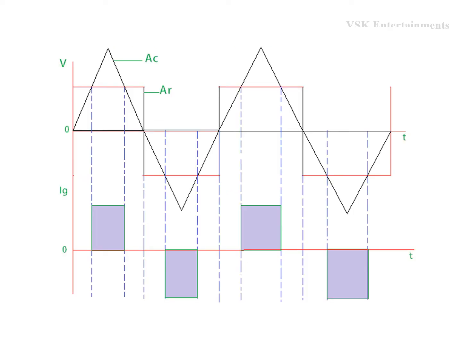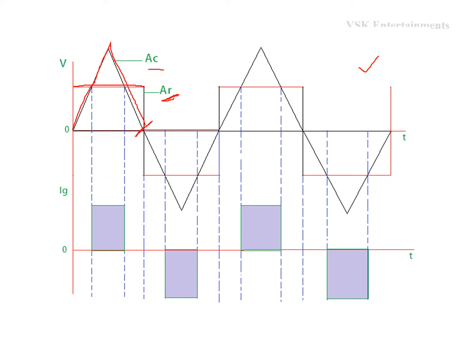These waveforms represent the single pulse technique. Up to this point is one half cycle. In this, we use the rectangular reference signal and triangular carrier signal. Here, this is the rectangular reference signal having the magnitude of AR, and this is the carrier signal having the magnitude of AC.